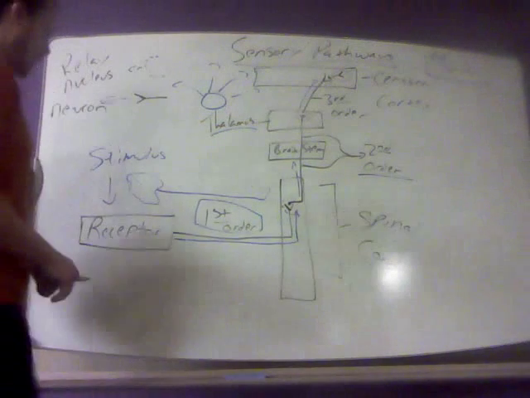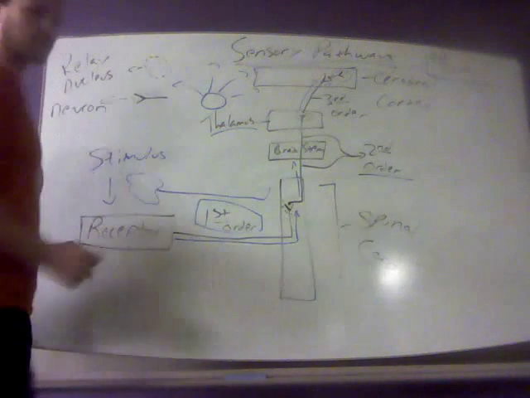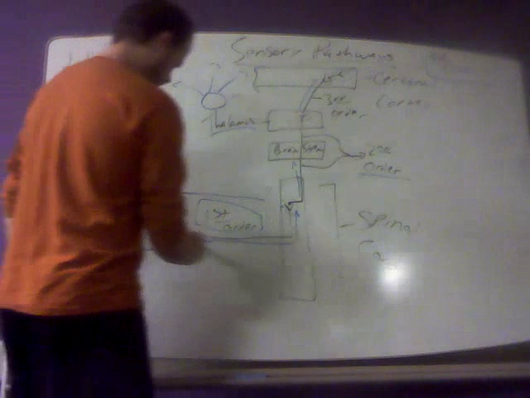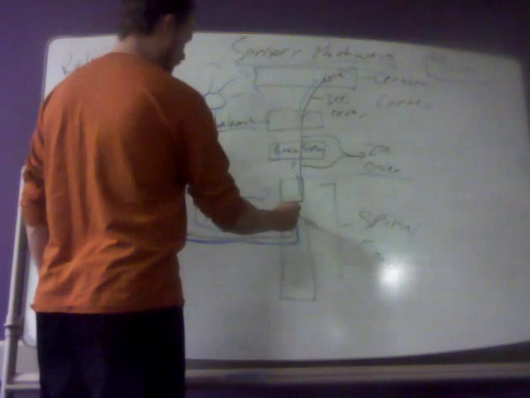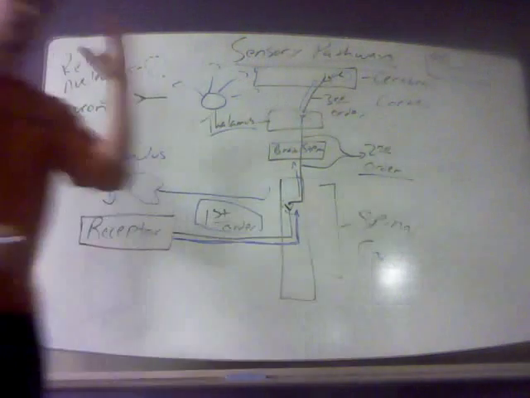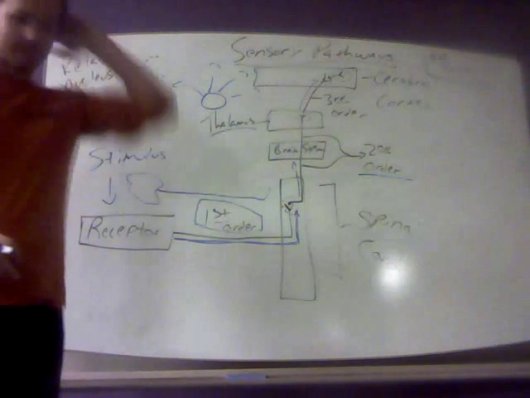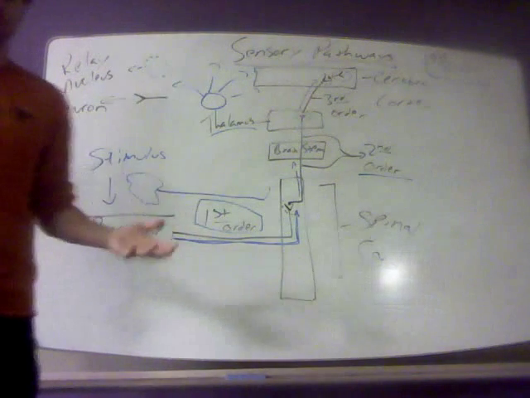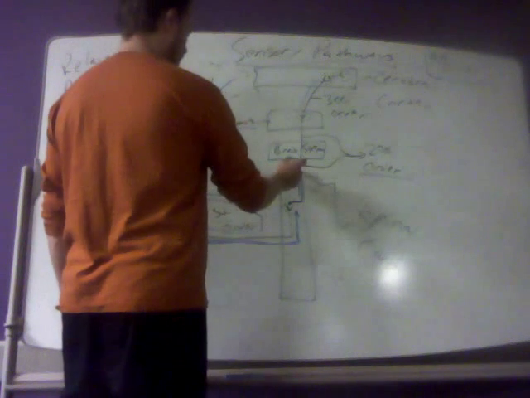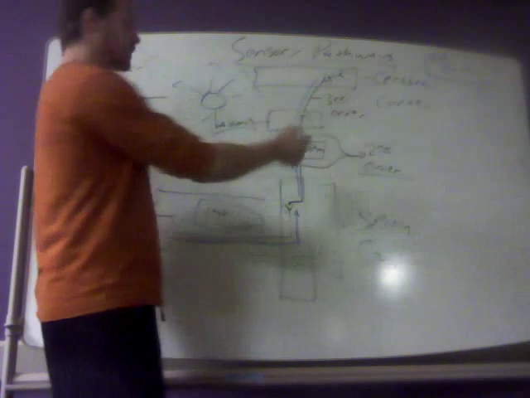Okay, so again. The first nerve that's involved in this pathway is from the sensory receptor to the spinal cord or the brainstem. If we're talking about cranial nerves, most of those are just going to go right to the brainstem. Okay, and then the second order neuron would be from the interneurons in the spinal cord or the brainstem, projecting to the thalamus.